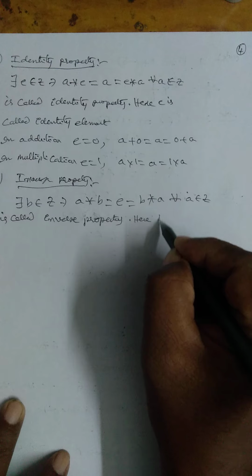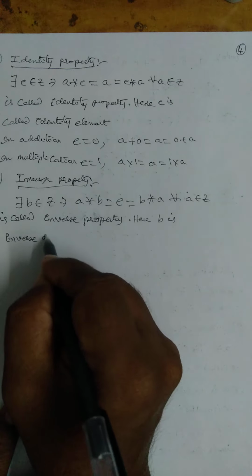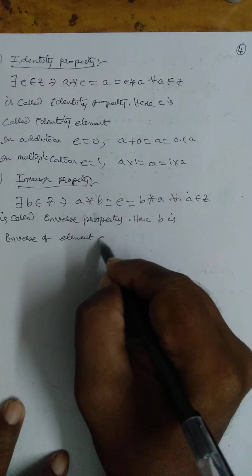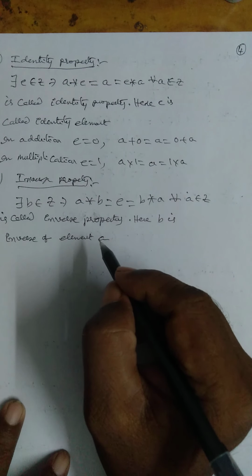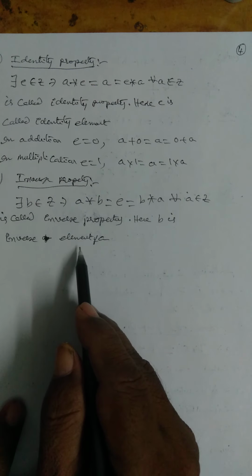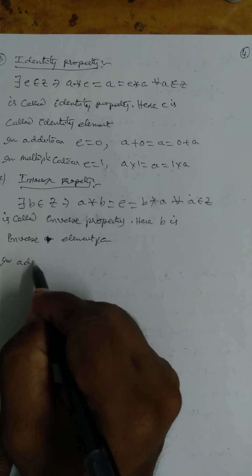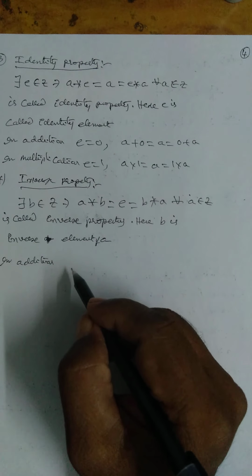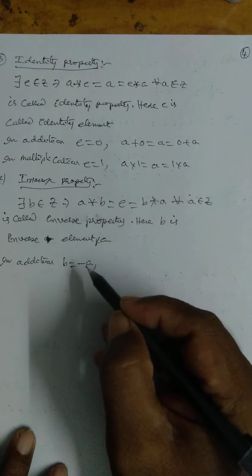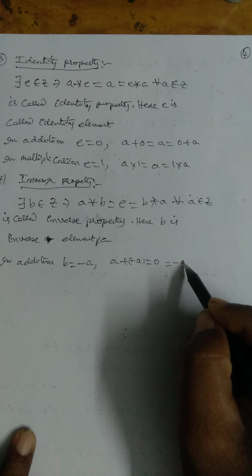Here B is inverse of element A. In addition, B is equal to minus A. Minus A plus A is equal to 0 is equal to A plus minus A.